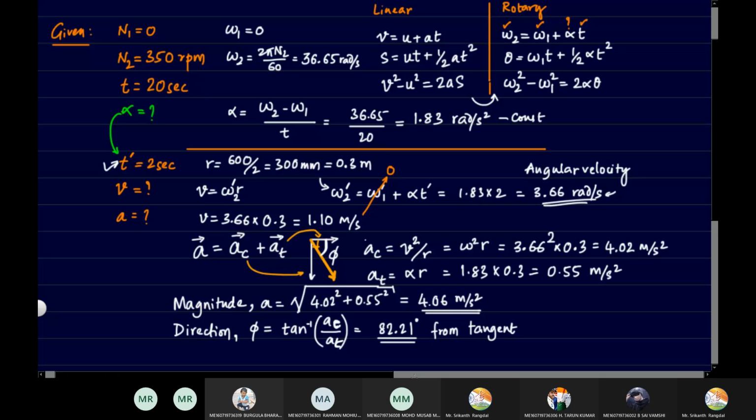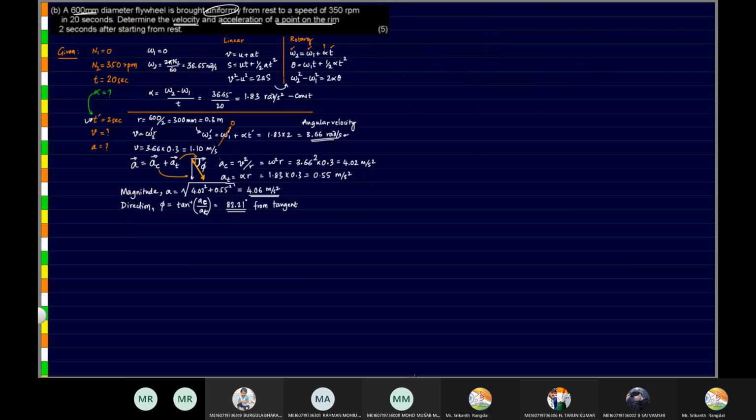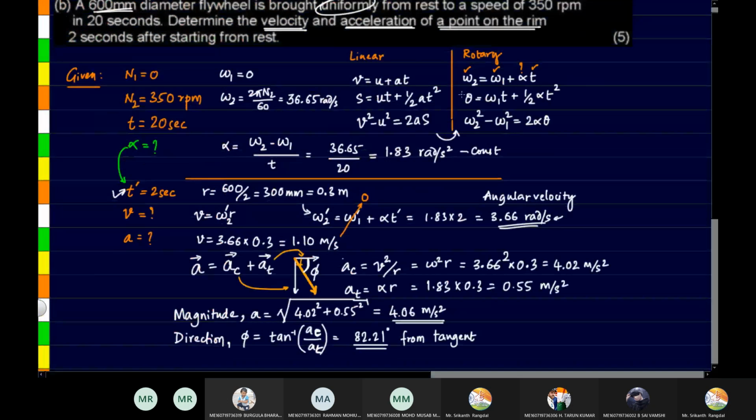So this is how we have to find it. Understand the twist in the question. In the question, he has just told velocity and acceleration, and the greatest hint for you here is that he's asking at a point on the rim. He's just trying to misdirect you.